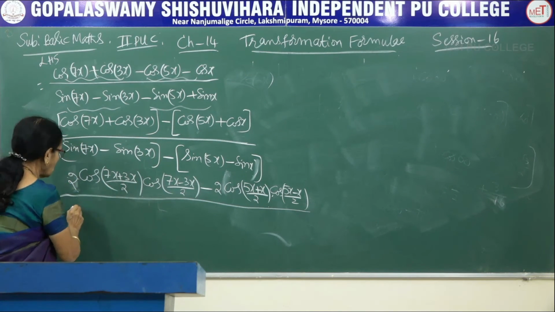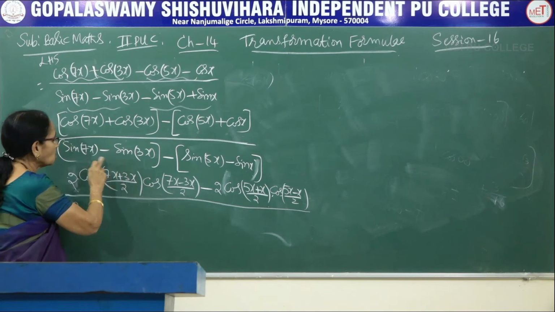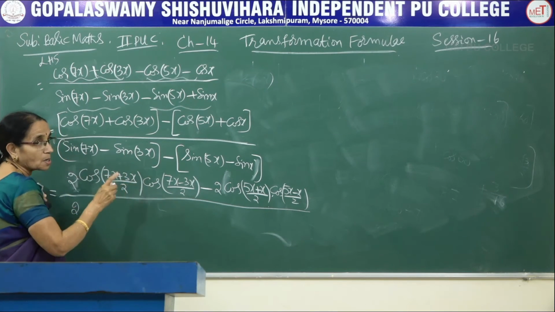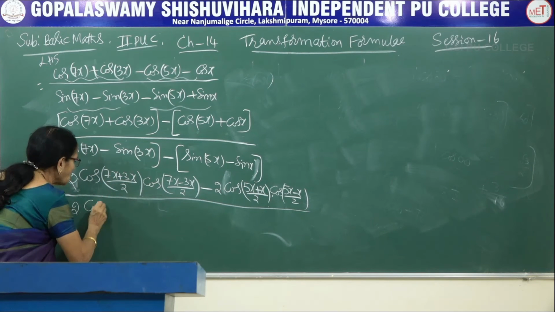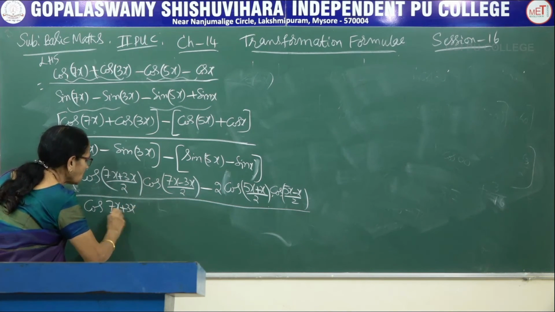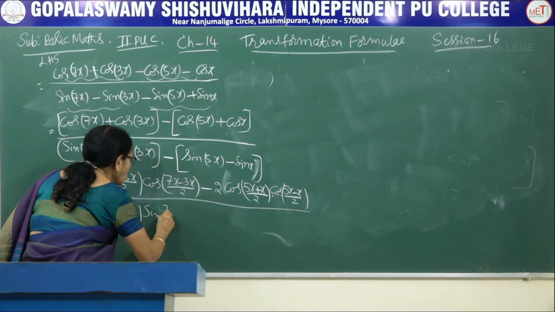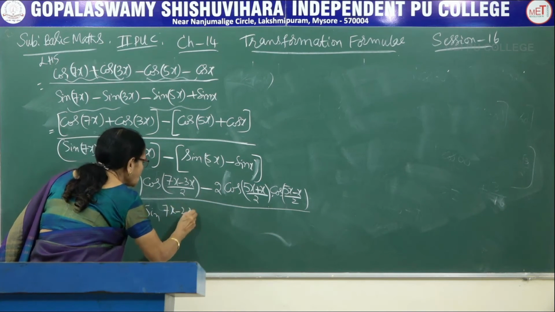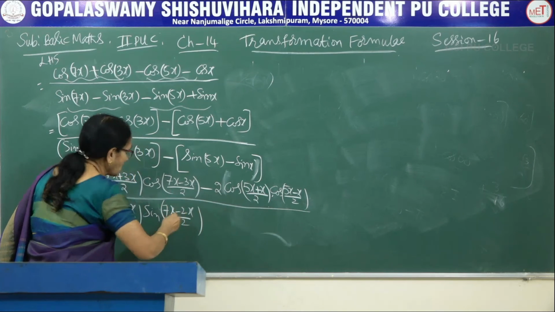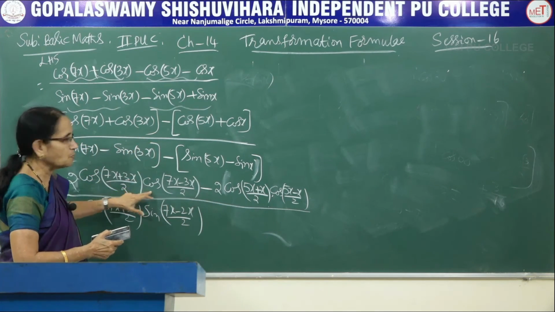Now same thing here, it is 2 times sin C minus sin D. So sin C minus sin D will be giving a product, it's a mixed product. 2 times cos of 7x plus 3x by 2 into sin of 7x minus 3x by 2. Remember, if it is cos C plus cos D, it is purely a cosine product.